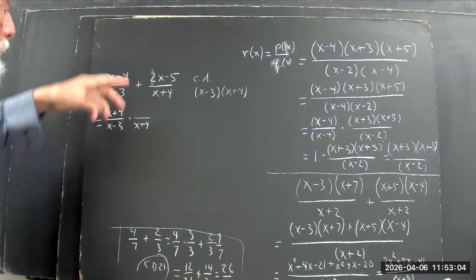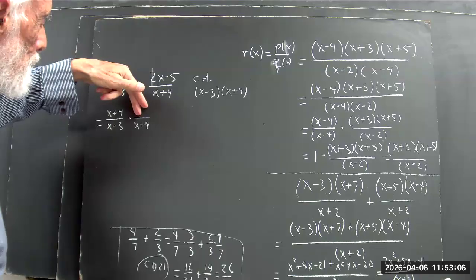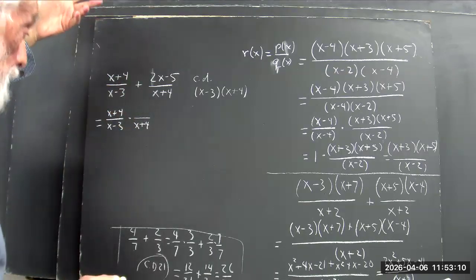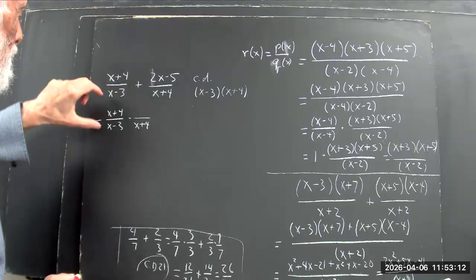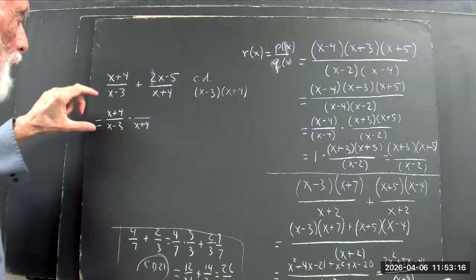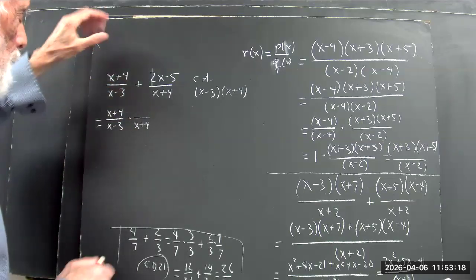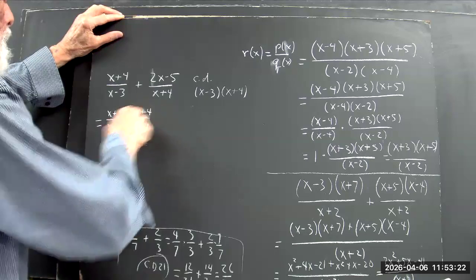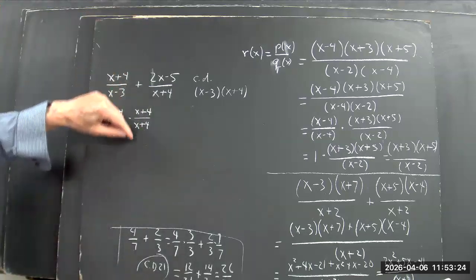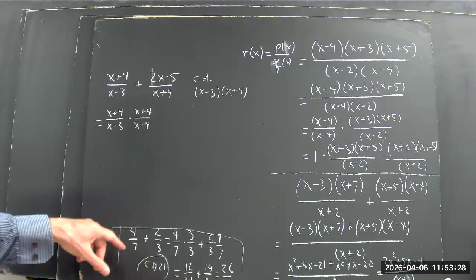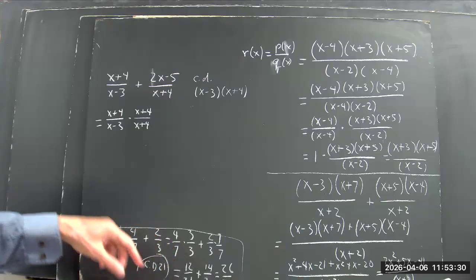But we can't just write a fraction symbol with an x plus 4 under it without writing something over the top. And if we want the fraction to continue to have the same value, whatever we're multiplying by had better be 1. So we multiply by x plus 4 over x plus 4, just analogous to the way we multiplied 4/7 by 3/3.